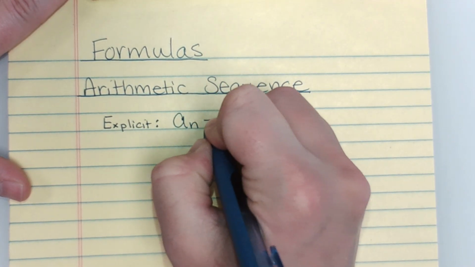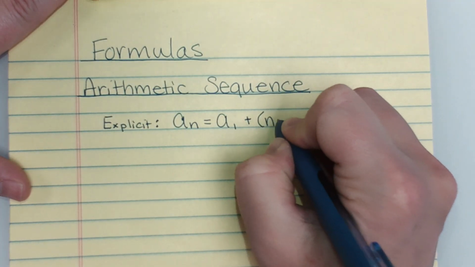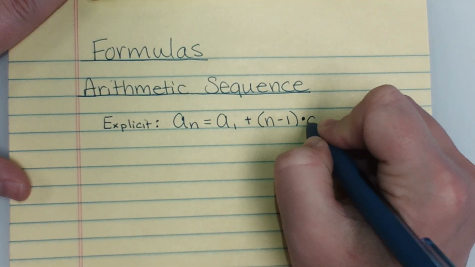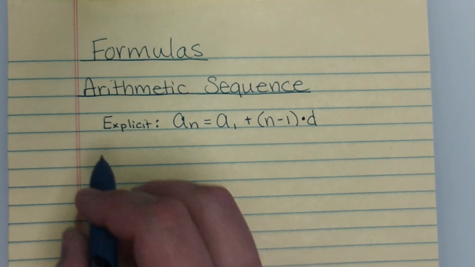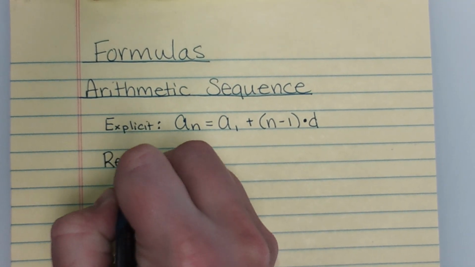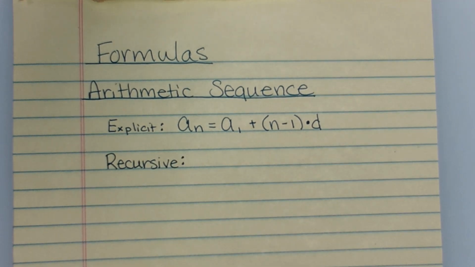And it is a sub n equals a sub 1 plus, in parentheses, n minus 1 times d. We will also talk about the recursive formula eventually. I'm just leaving a spot for that for now.